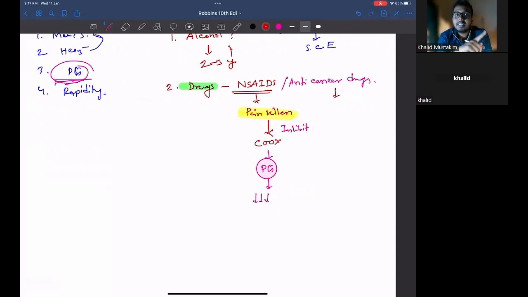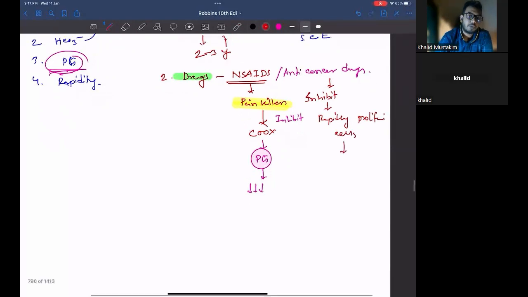So there must be some rapidly proliferating cells, and what does anti-cancer chemotherapy do? Chemotherapy inhibits the rapidly proliferating cells.